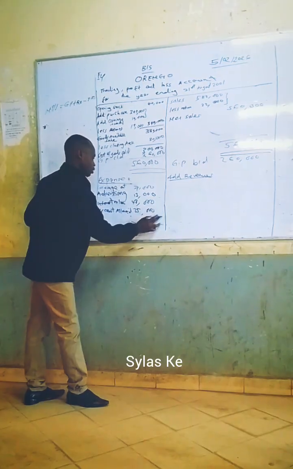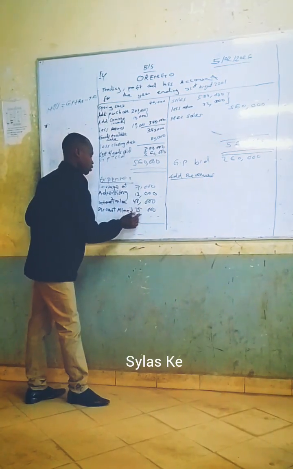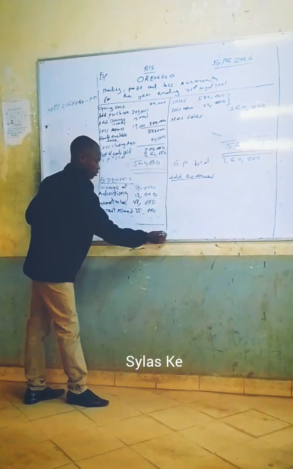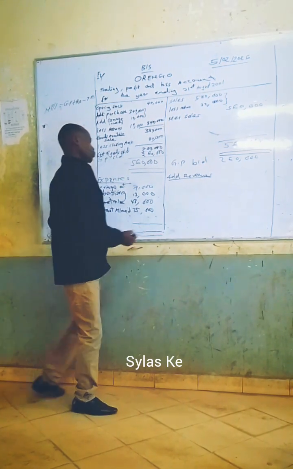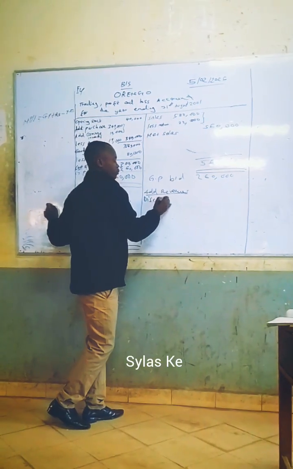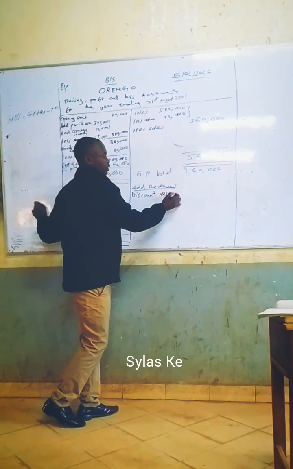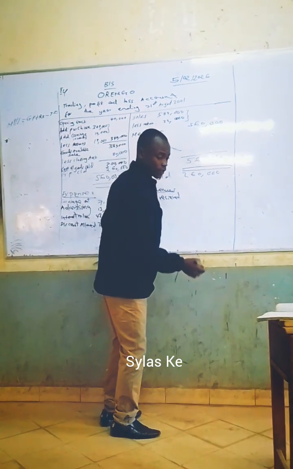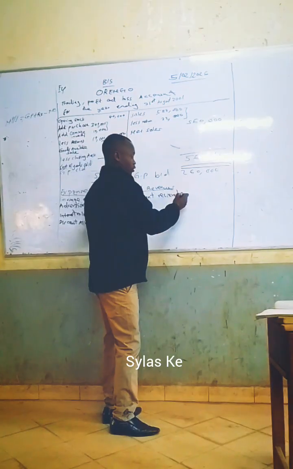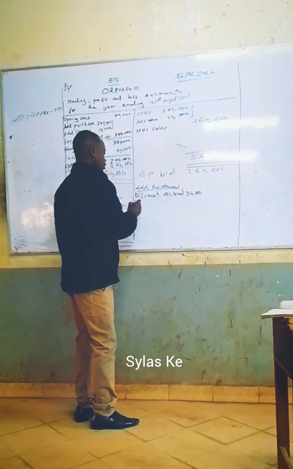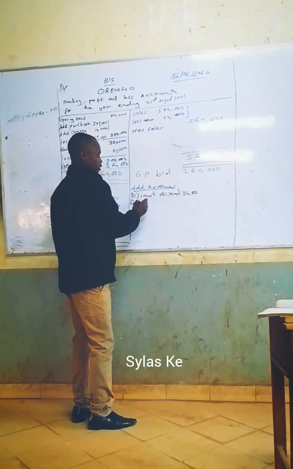So revenue has discount received. How much? 6,000. Yes. 6,000. Interest, loan interest.